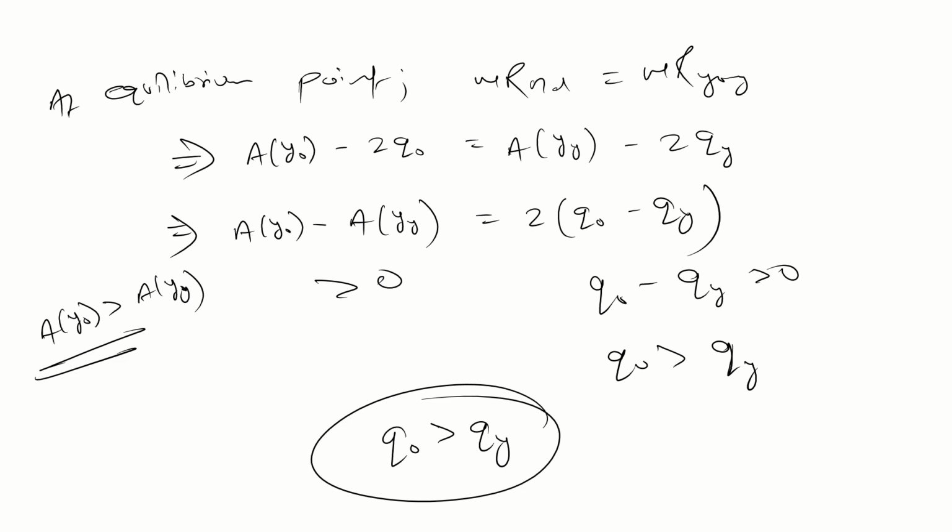So guys, think about it now. If the quantity is greater for the old age people, then their ability to pay for this monopolist firm is also going to increase.